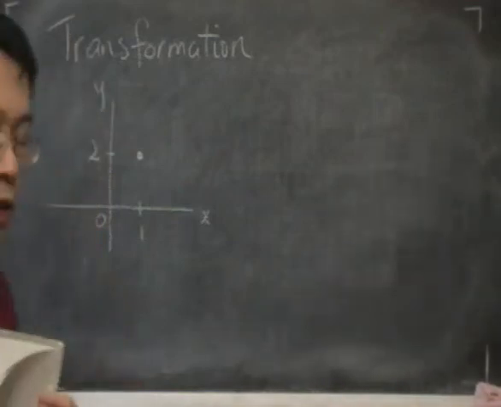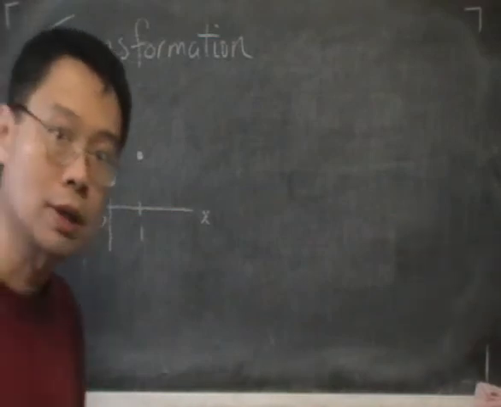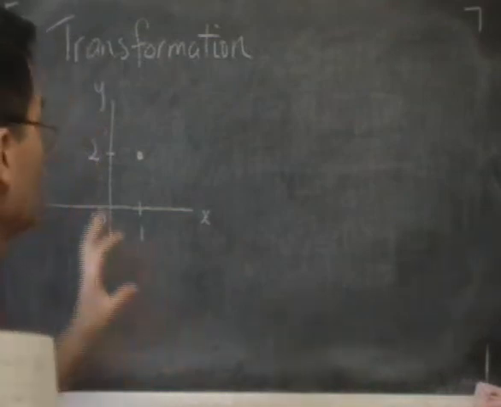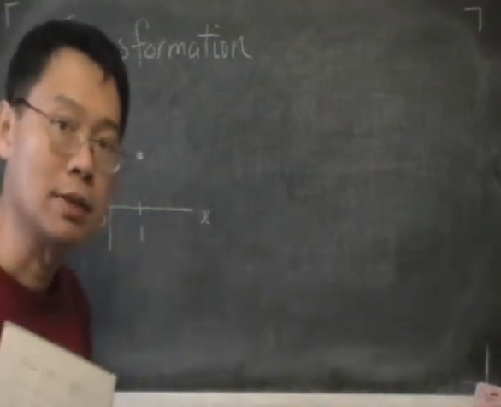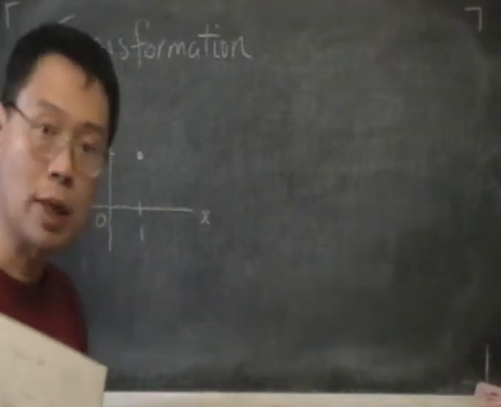Now, transformation is about moving points and shapes or figures around on the graph paper. Basically, that's the main kind of transformation we'll look at at O level.